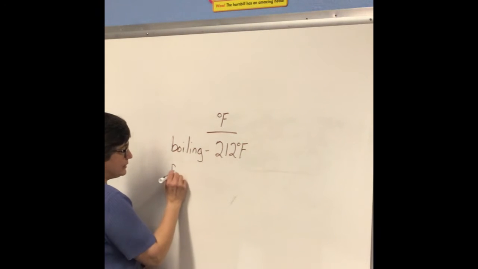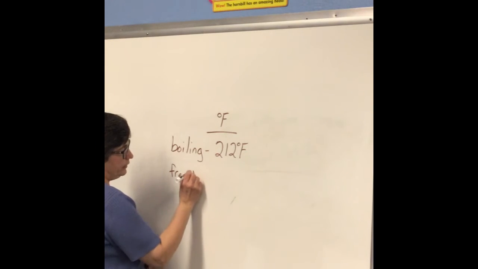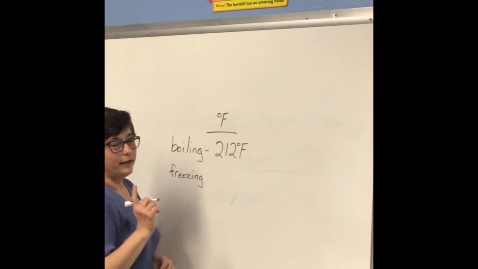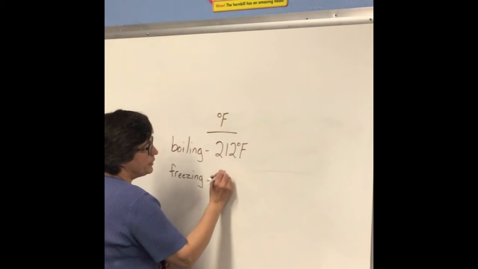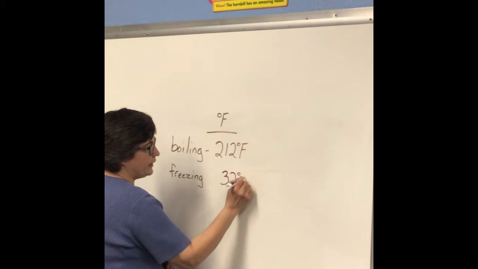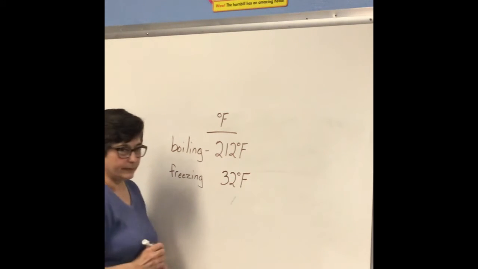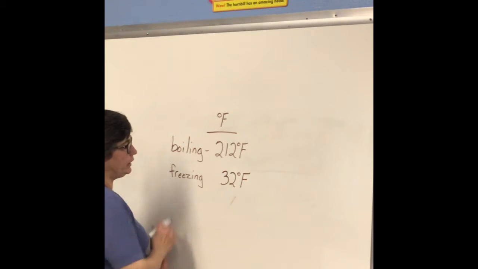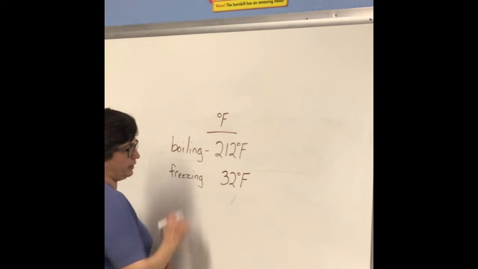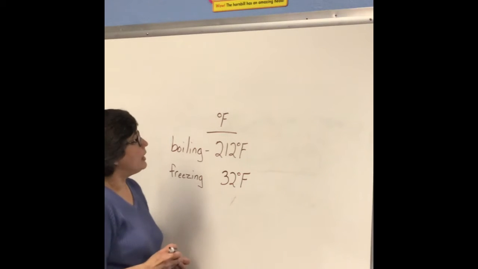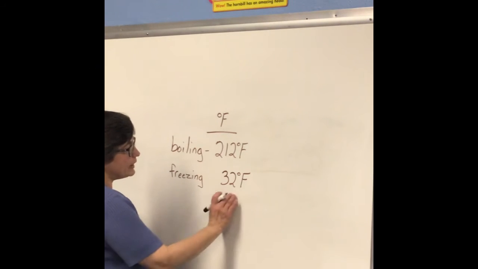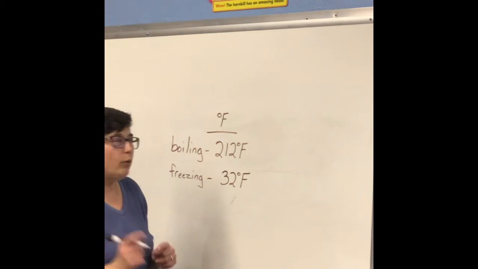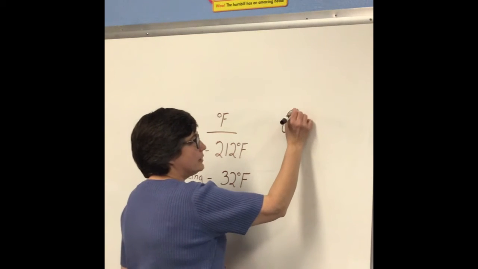The freezing temperature is, you are right, Brady, 32 degrees Fahrenheit. So 212 degrees Fahrenheit is the boiling temperature with the Fahrenheit scale or thermometer, and the freezing temperature is 32 degrees Fahrenheit.